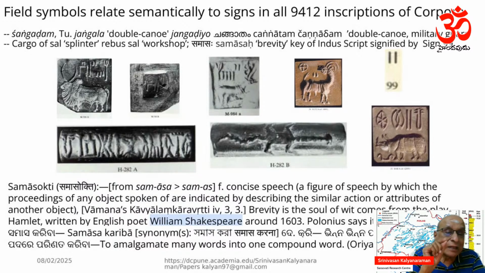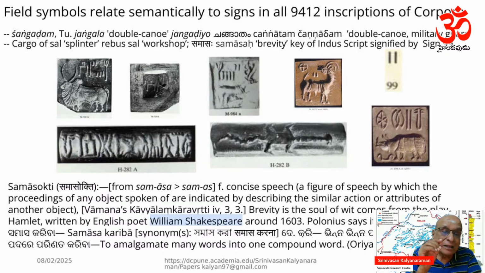So that's called a joined part. The tail part has been added to the goat part. The word for that is Sangada. Sangada means joined parts. It also has a similar meaning in a similar sounding word called Sangadam. It's a double canoe, a boat which goes on the sea, an oceanic maritime boat. It's called Jangada in Portuguese, Jangadam, double canoe.